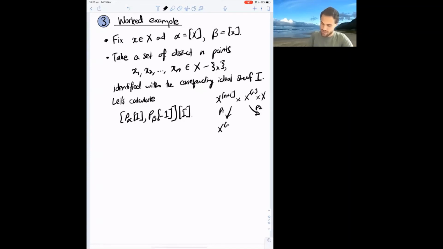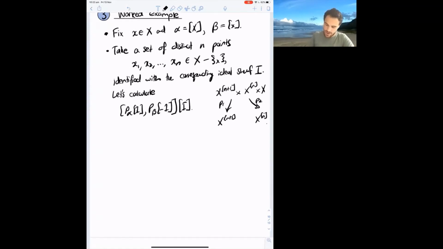We have these two projections, x_{n+1} and x_n. Okay, so let's calculate the first part of this commutator.